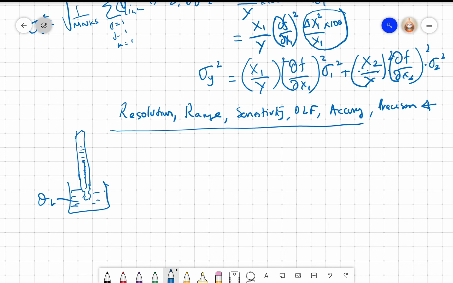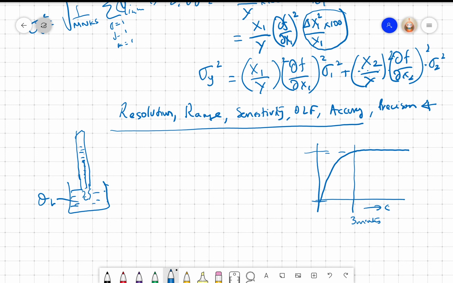So, if I record the height of the mercury with respect to time, the temperature will go like this. It takes something like 3 minutes, or 30 seconds or 1 minute, whatever it is. Normally, what does the doctor do?